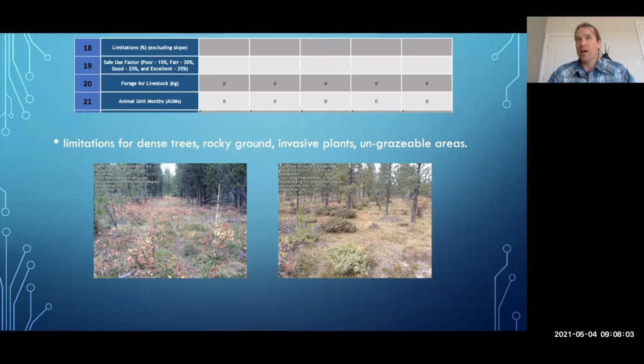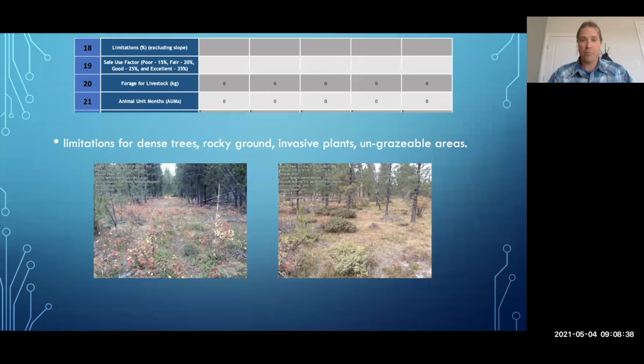safe use factor. Historically, a safe use factor has been take half, leave half. So whatever forage is available on the landscape, we would only be grazing half of it, or allocating half of it to livestock. There's more recent research in terms of climate change adaptation that has suggested we should be looking more at 35% for our safe use factor in a healthy plant community.